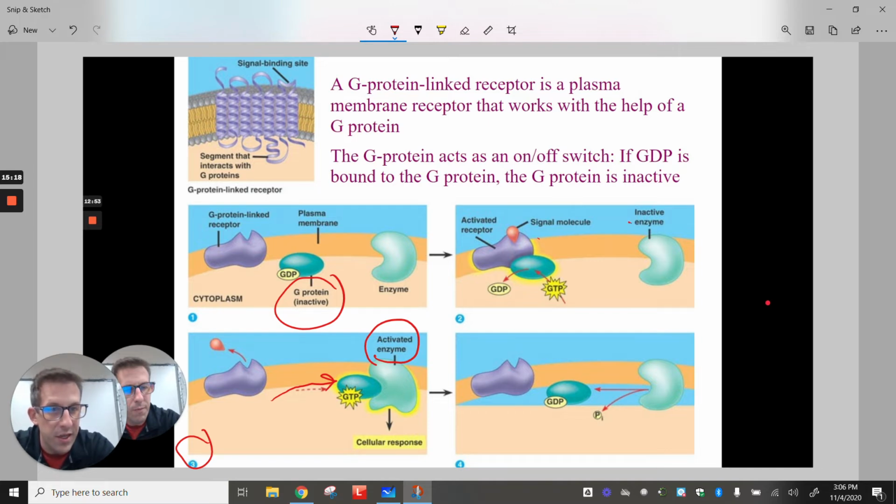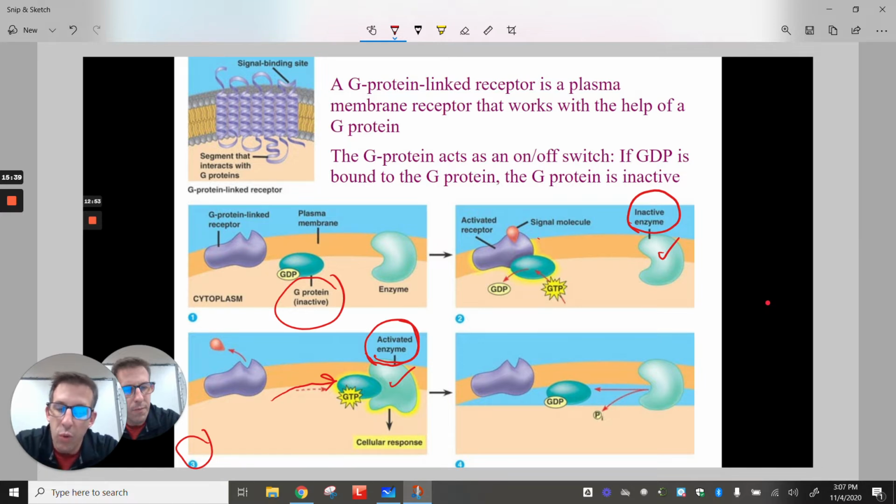We notice this guy right here in picture number 2 is inactive, and then in picture number 3 it's active. 2 ways to figure out that it's active. Number 1, it changes shape. Look at the shape of this guy here compared to the shape of this guy here. They're the same enzyme, but they have different shapes, right?